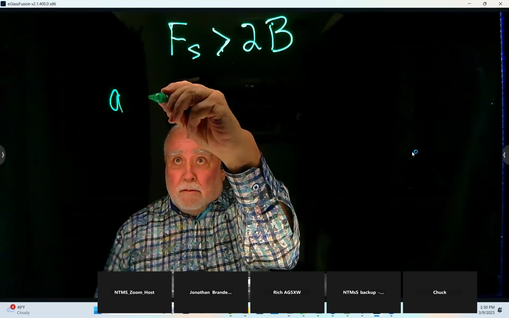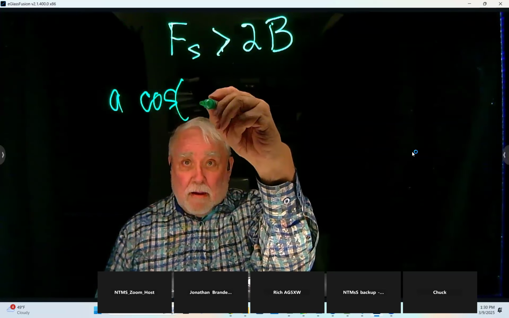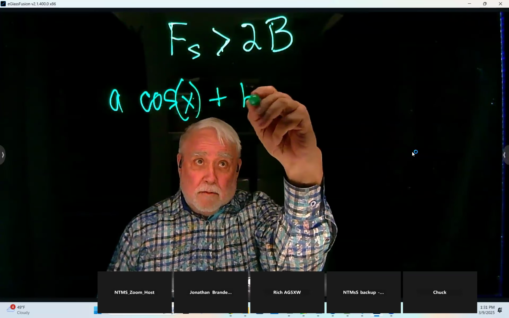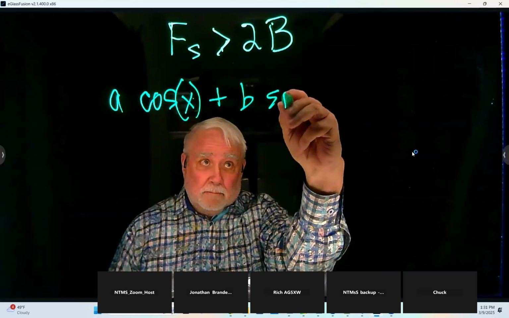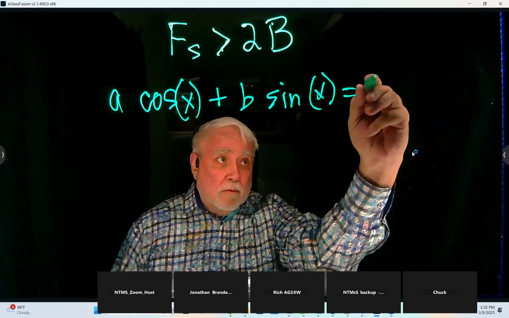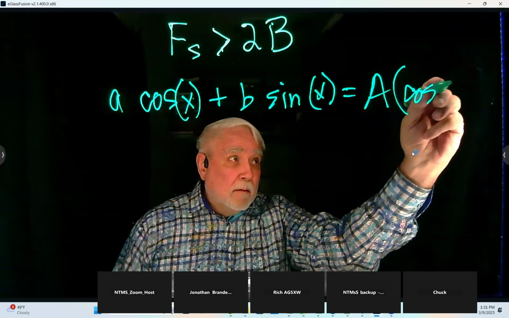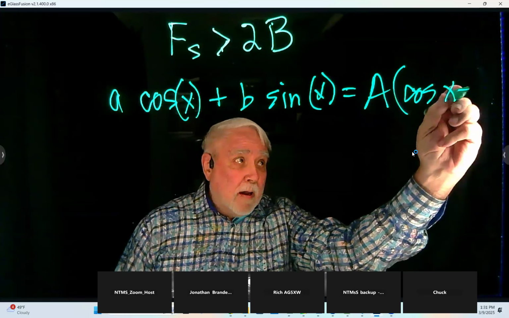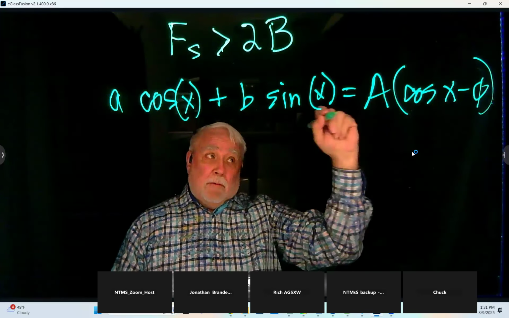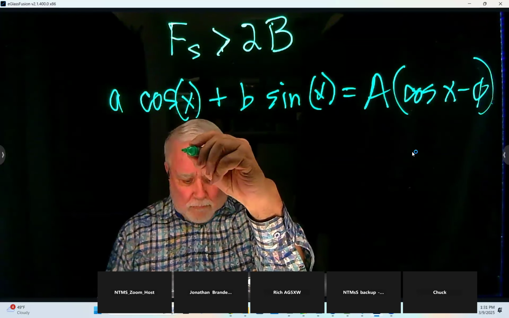So if A cosine X plus B sine X, then that equals the amplitude cosine of X minus the phase. That's a phase, not a zero. So this could be written for a transmit signal.